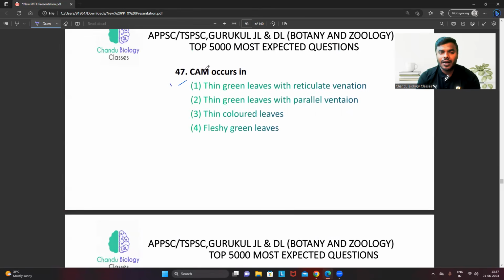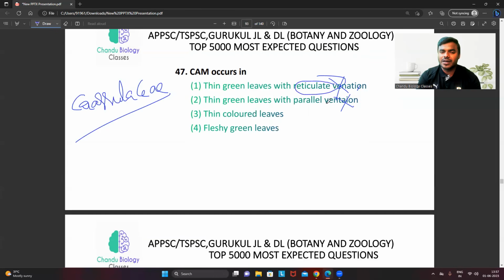CAM occurs in, very good question friends, where does the CAM pathway occur? Thin green leaves with reticulate venation? No. All the students remember, friends. CAM plants means what? Not to get confused with this. What are CAM plants? They are desert plants, which belong to the family called Crassulaceae. Now you tell me, you have to think with common sense. What is the role of venation here?